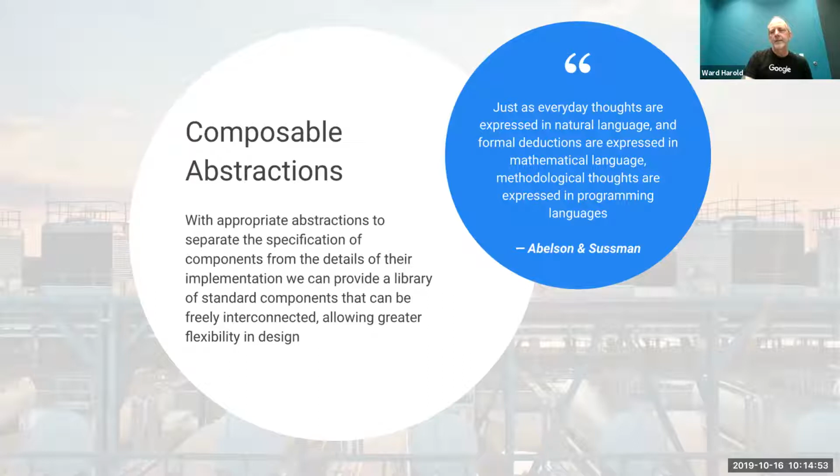I think MIT now actually has an online version of the course, MIT's course 6.001, and they teach a version now in Python, whereas the book uses Scheme. But if you actually want to learn how to program and think methodologically and express those thoughts in a programming language, then that's a very good place to do it.